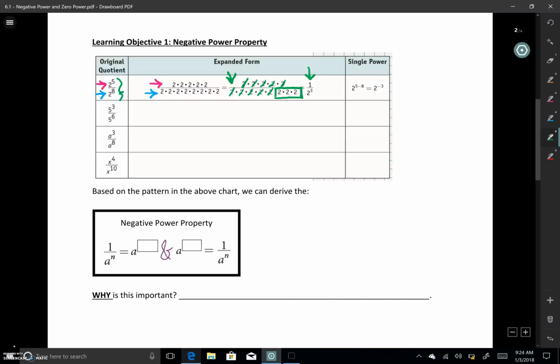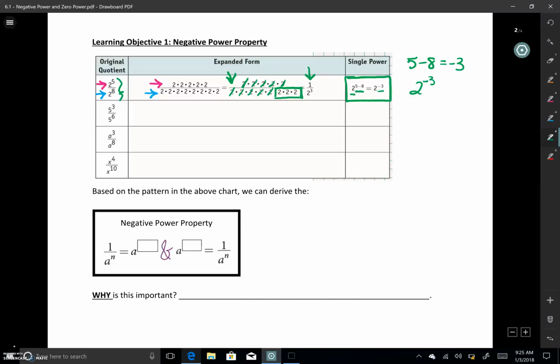However, in this box, I notice that if I apply that quotient of powers rule where I keep the base, but I subtract the exponents, 5 minus 8 gives me this -3 right here. And so my answer would be 2 to the -3rd power.